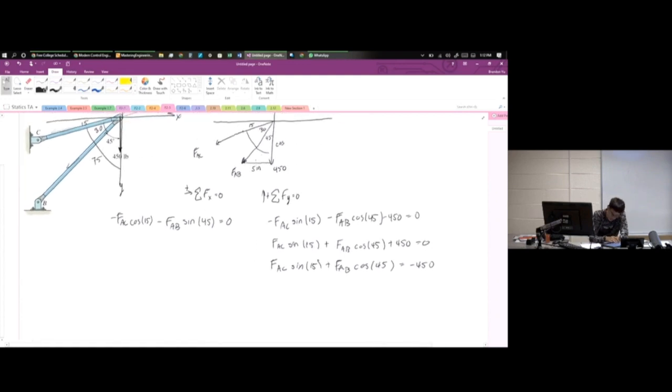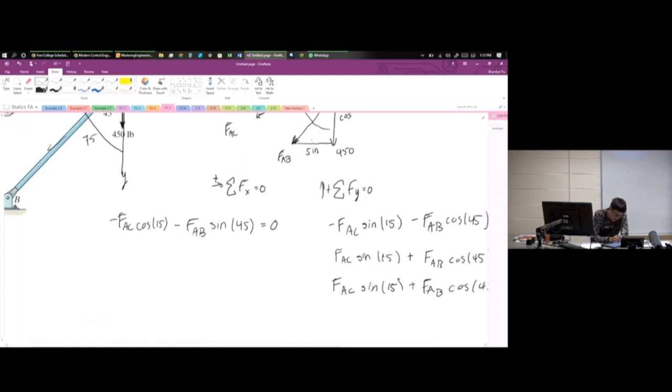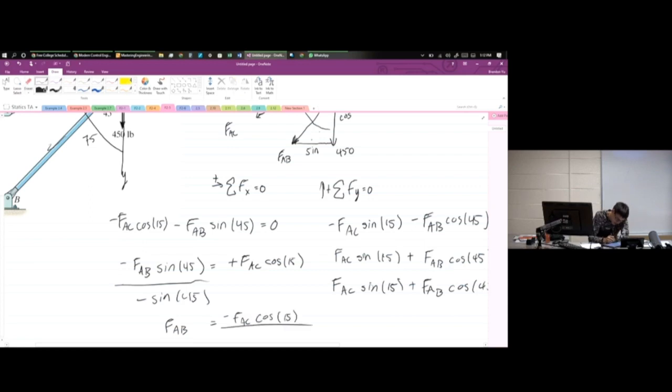So I say that I want to rearrange this one, right? I have negative FAB sine 45 equals positive FAC cosine 15, right? And then to get that FAB by itself, I'm going to divide by negative sine 45, right? So I'm going to have FAB equals negative FAC cosine 15 over sine 45, right?